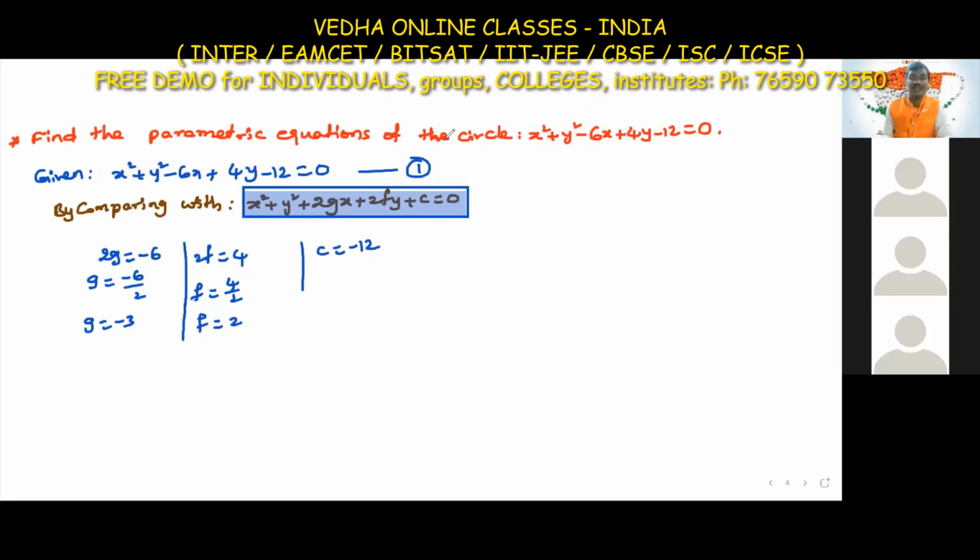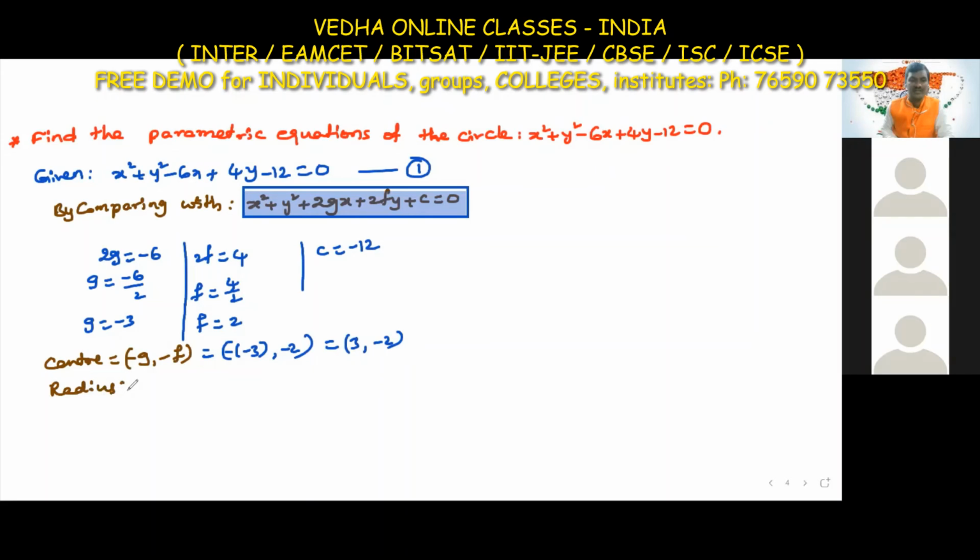If you find the center and radius, center is not compulsory, but if you find it, that's good. The center is minus g comma minus f, that means minus of minus 3 and minus 2, so we get plus 3 comma minus 2. These are the minus g, minus f values. And the radius, what is the radius of the circle?